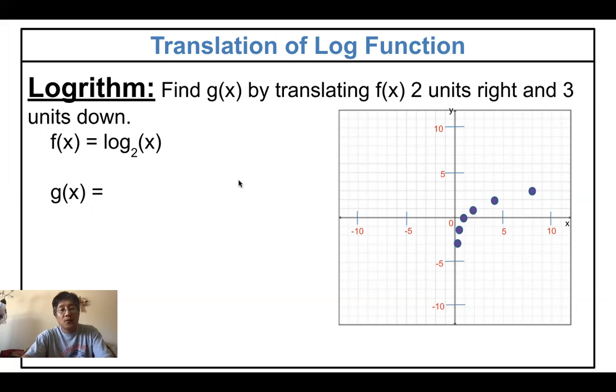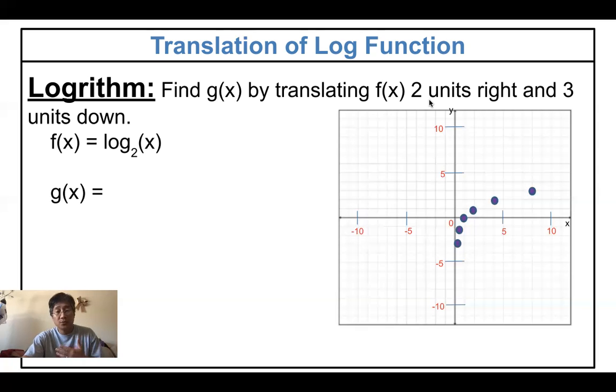And then you are going to translate this function 2 units to the right and 3 units down, right? How do you get the function? X is opposite, Y is the same. Do you remember? X 2 units to the right, so what do you do?